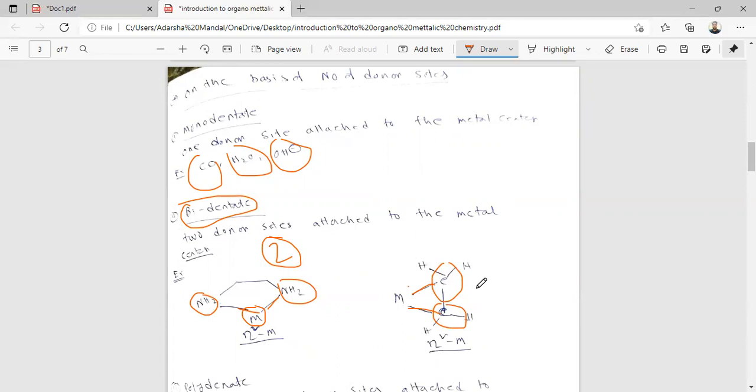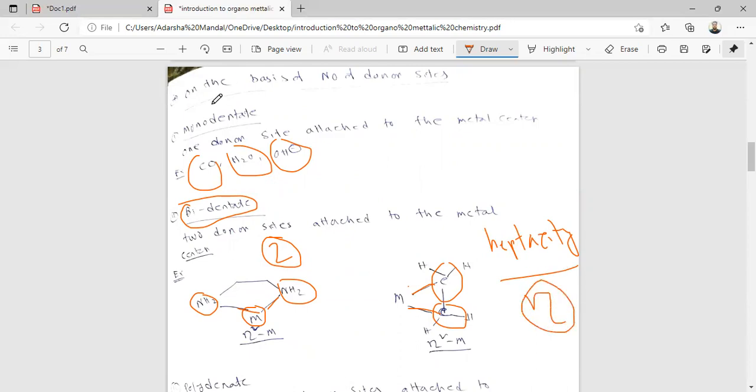So here one term is hapticity. This term defines how many donor sites are present in the metal ligand system, and it is denoted by eta.